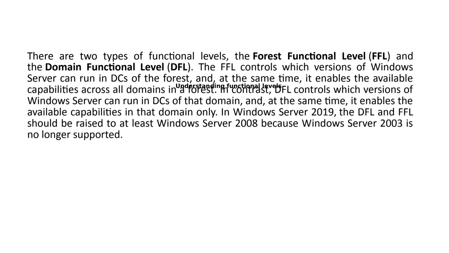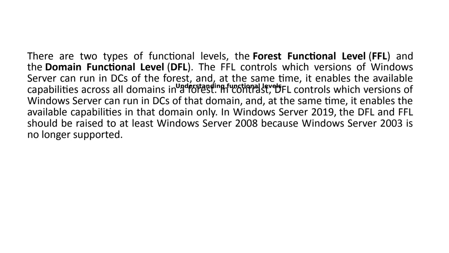Now there are two types of functional levels, of course. We have the forest functional level and the domain functional level, FFL and DFL. The FFL controls which version of Windows Server can run in the domain controllers of the forest, and also it enables the available capabilities across all domains in a forest.